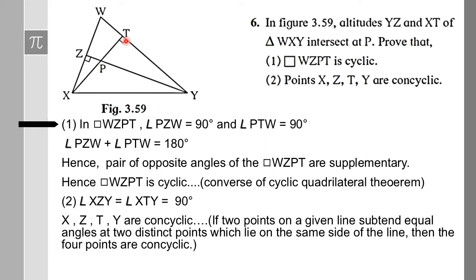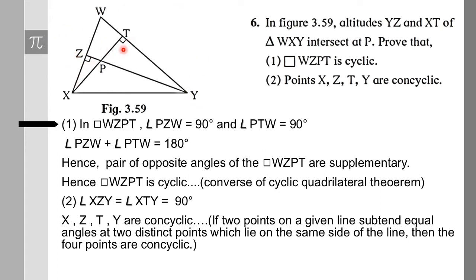Before we started with 3.4, I made a video where I discussed the condition that 4 points should satisfy for being concyclic. Here it is satisfying those conditions. We have the line segment XY joining the points X and Y, from which we have two equal angles subtended, XZY and XTY. So these 4 points are concyclic.